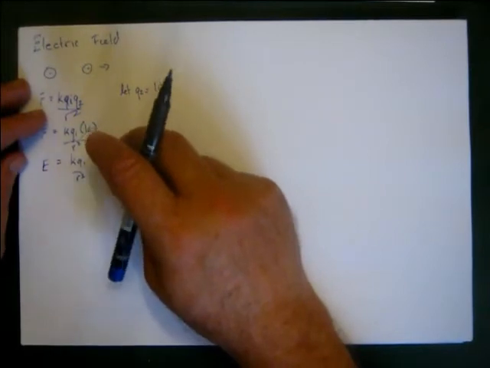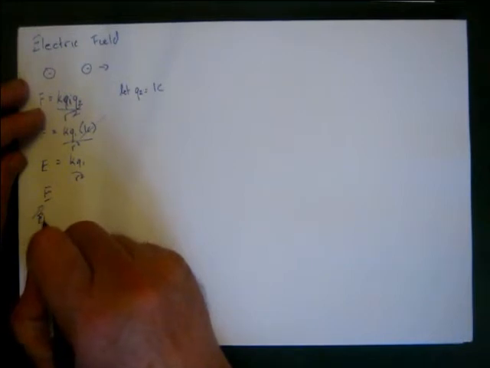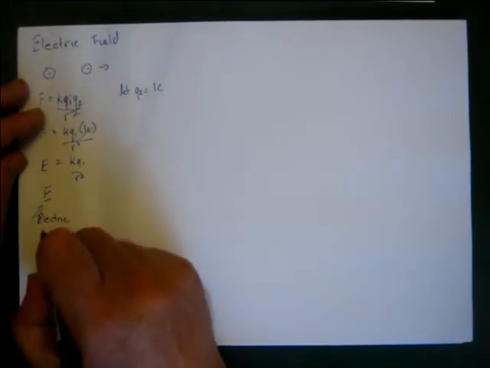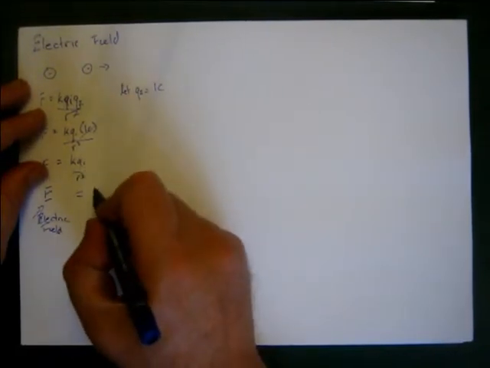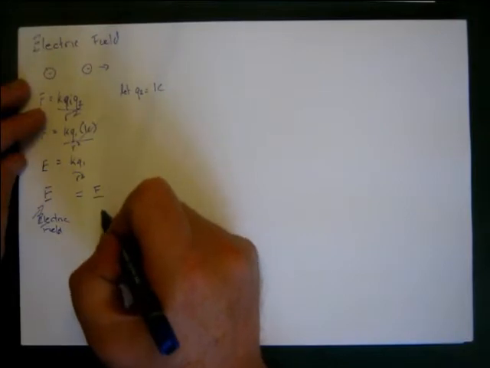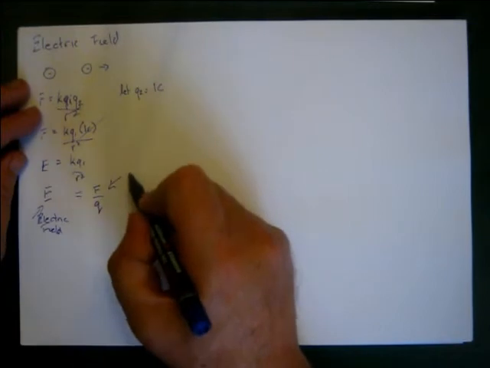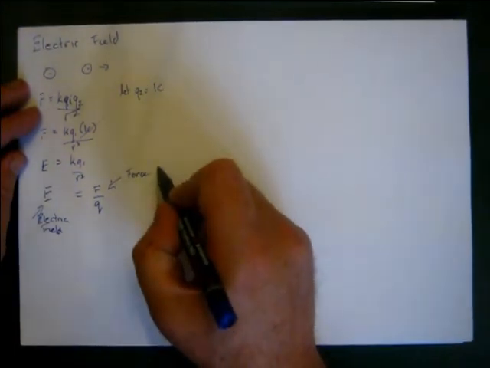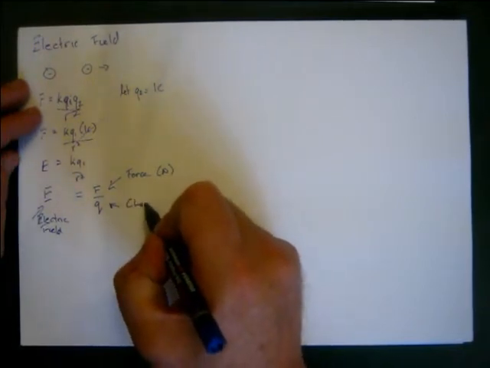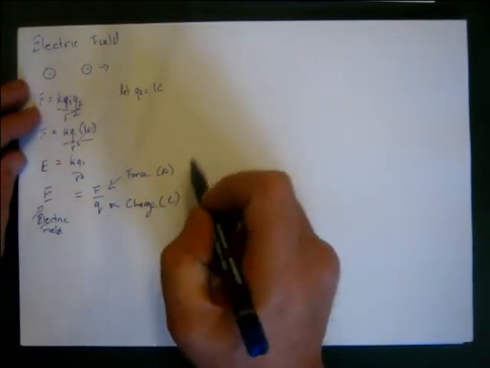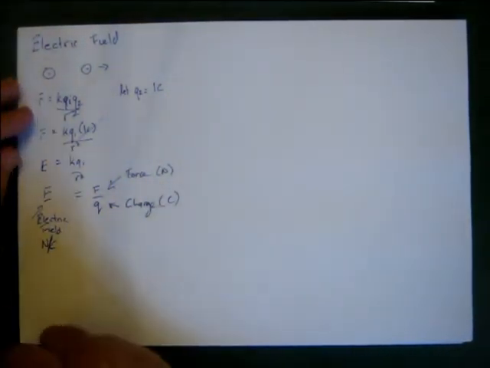And if we work through the math, we can say the electric field, and E is the electric field, is going to equal the force over the charge, over Q. Force is in newtons and charge is in coulombs, so the electric field is going to be newtons per coulomb.